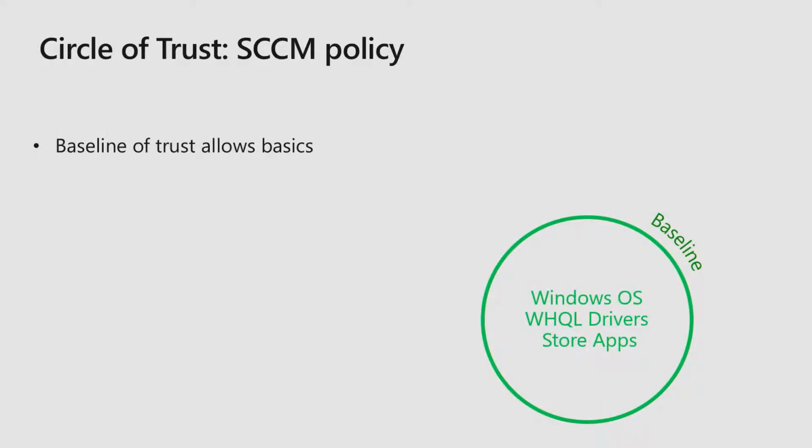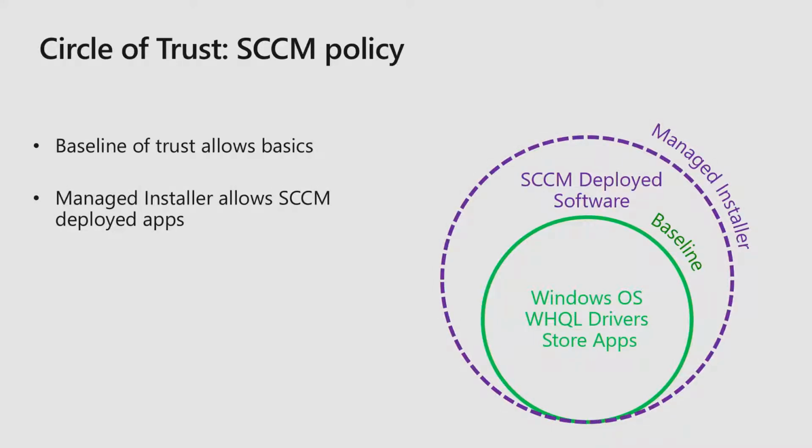So from the SCCM perspective, the circle of trust, again, starts from that same base policy, the rules that allow Windows to run, but then it adds an intermediate ring of things deployed through SCCM.